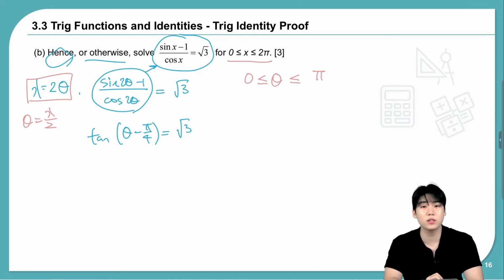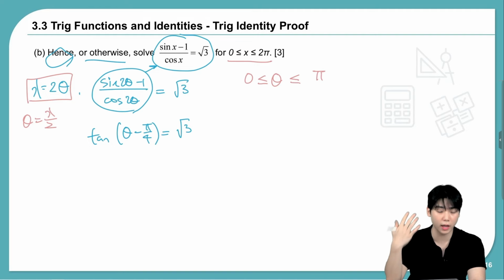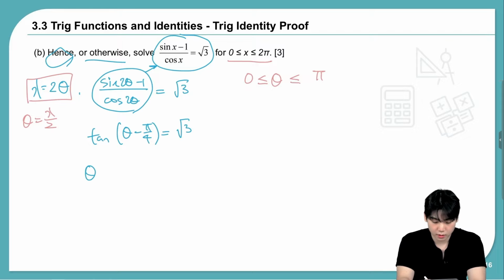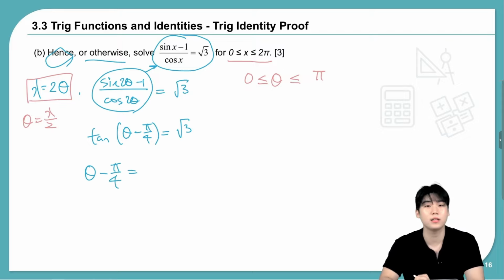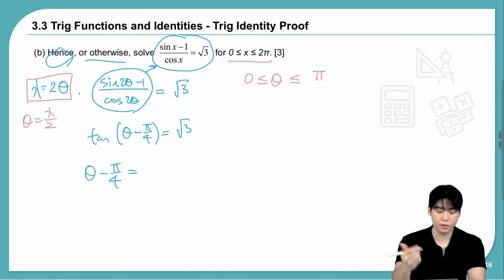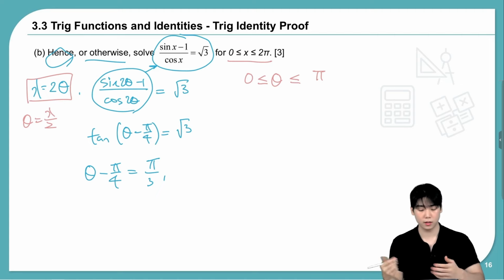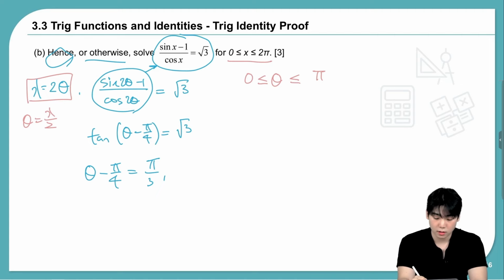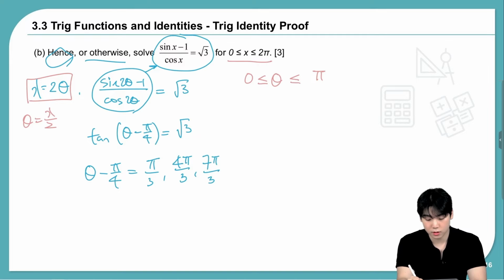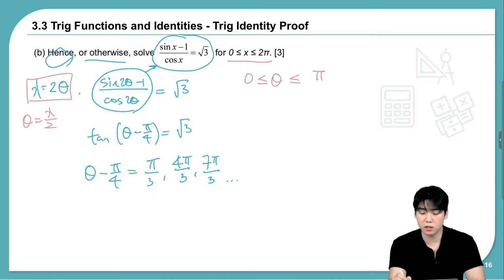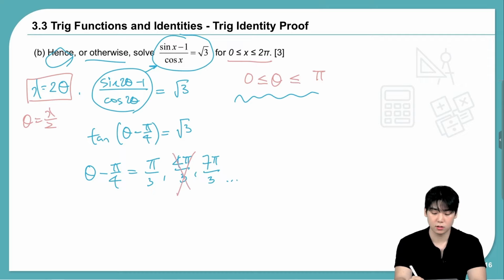So if tangent of something is equal to root 3, that means from the standard angles, the angle theta minus pi over 4 should be what? It should be pi over 3. And since tangent is periodic by pi, it's 4 pi over 3, 7 pi over 3, and so on. But because of our range, we have to reject these two.